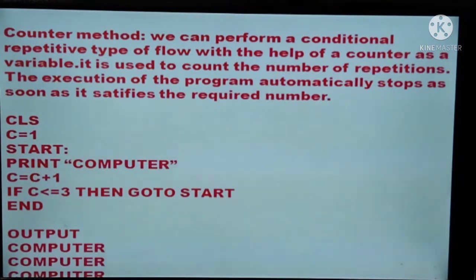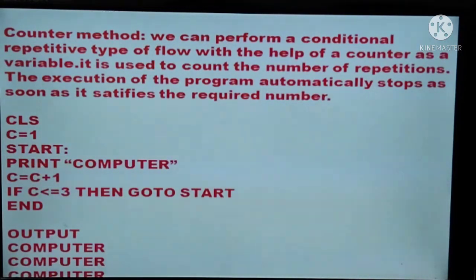Now C equals C plus 1, that means the counter will increase by 1. And if C is less than or equal to 3, that means here the counter is checked, then go to start. That means it will again go to start and print whatever task you have given.